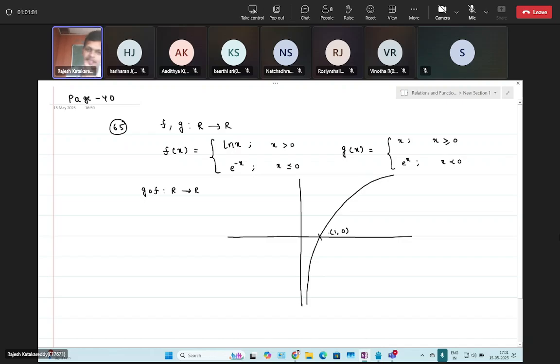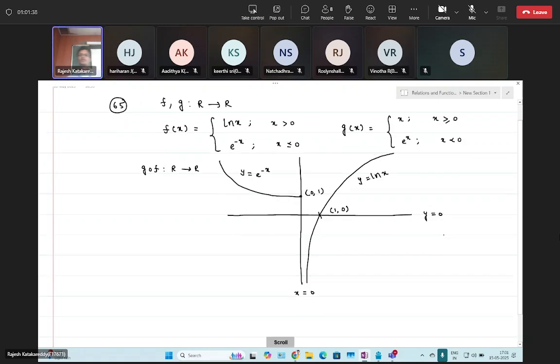Next, e power minus x is given only when x is less than or equal to 0. e power minus x is a decreasing function. It decreases from positive infinity, and when x is 0, e power minus x will be 1. So this is y equals log x, this is y equals e power minus x, and this is the y equals 0 line.